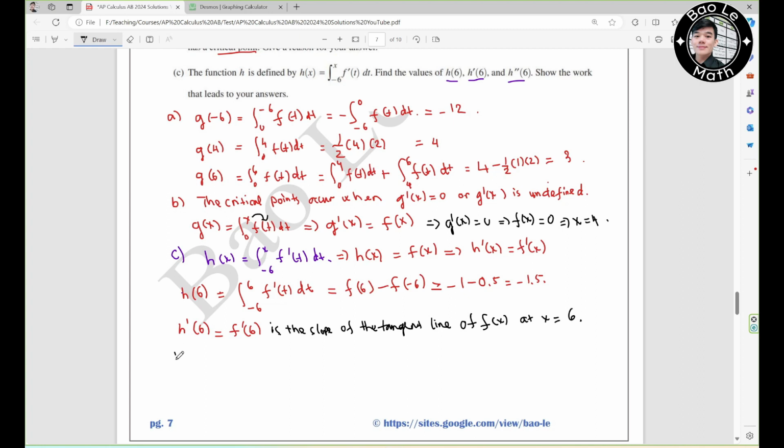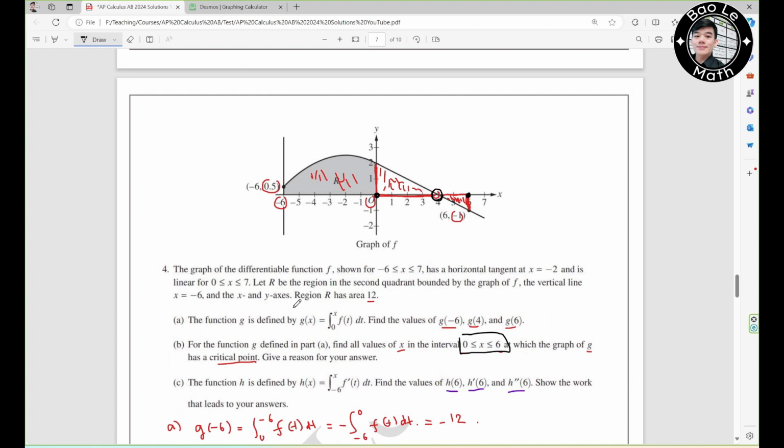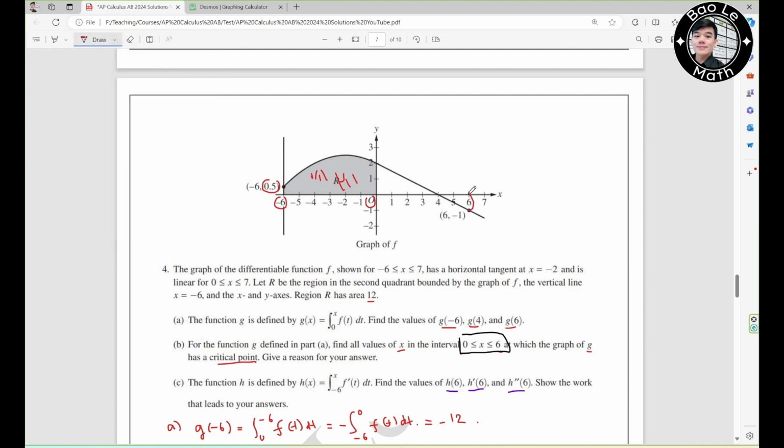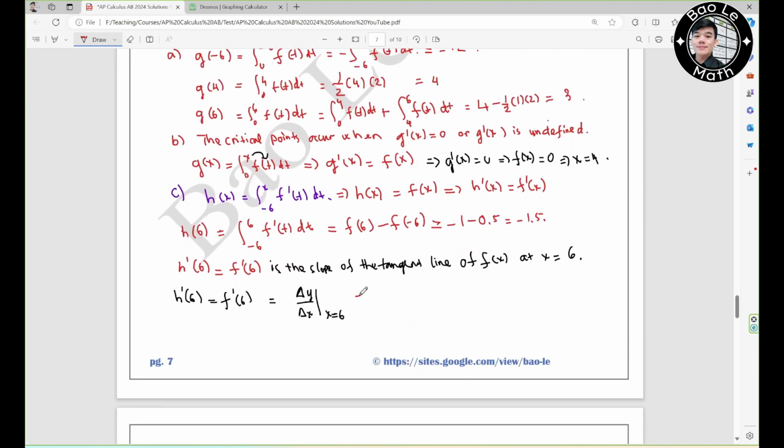So h prime of 6 equals f prime of 6 equals rise over run, evaluated at s equals 6. So we look at this one. From 0 to 6 right here, this is a linear function, so we need to calculate the slope of this one. Rise equals 1, run equals -2. So it could be -1/2.